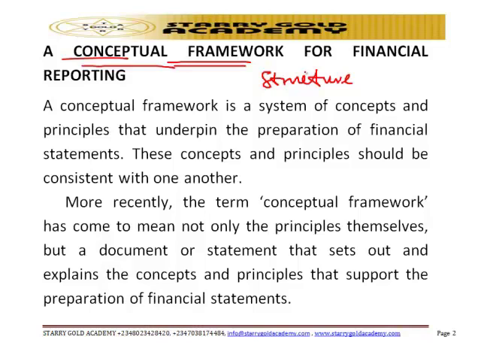A conceptual framework is a system of concepts and principles that underpin the preparation of financial statements. So a framework, a structure, entails a system that has been put in place which consists of concepts, fundamentals, and principles that underlie the preparation of financial statements.